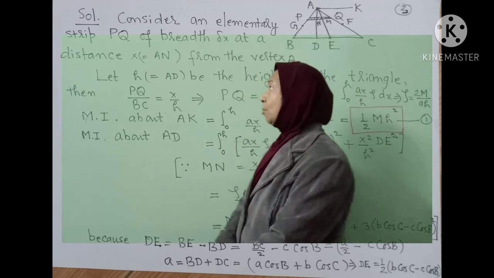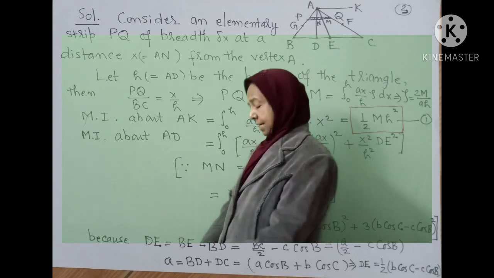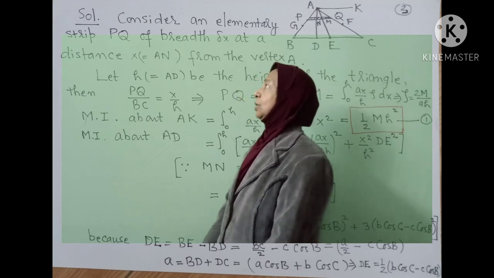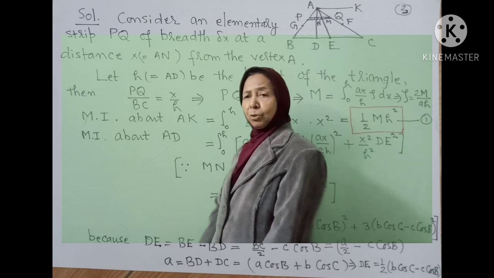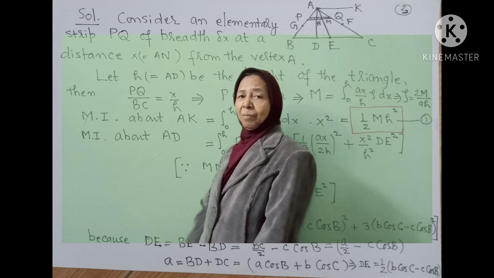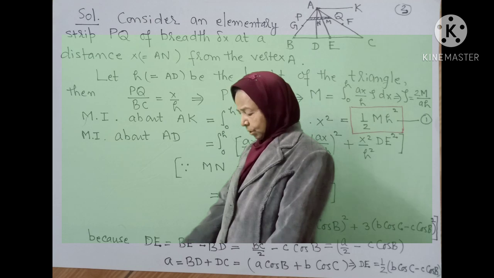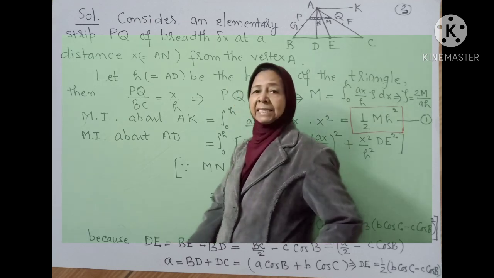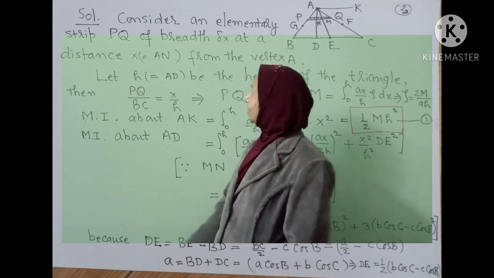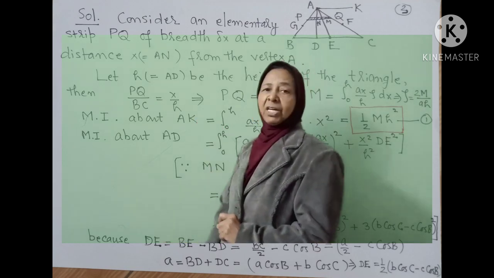So we found the length PQ. PQ is coming as ax divided by h. Okay. Once you know the length, you can calculate the mass. Mass is, in place of PQ, just substitute what you have found, xa divided by h. So when you integrate, you will find the value of rho as 2M divided by ah.